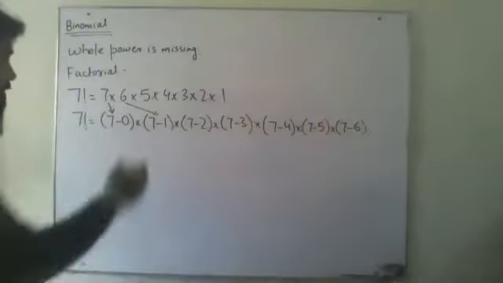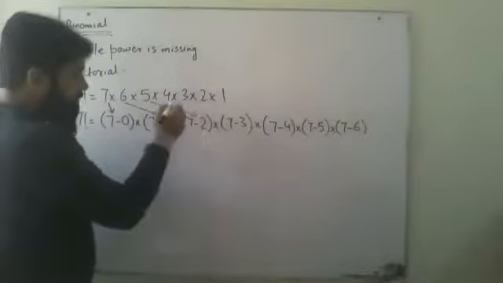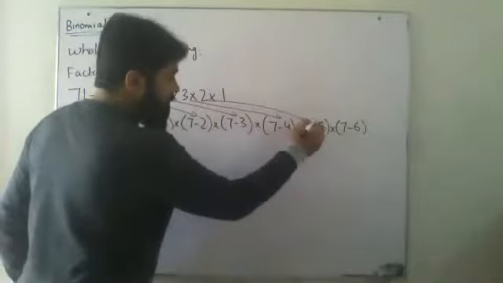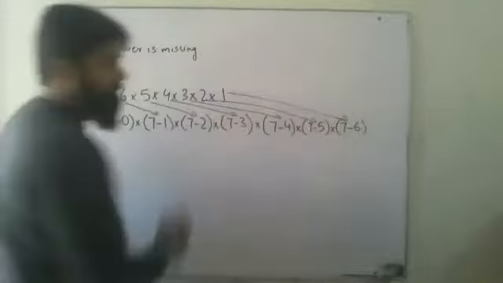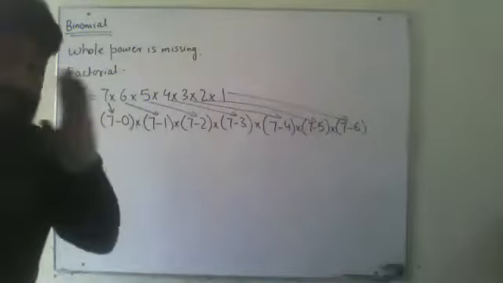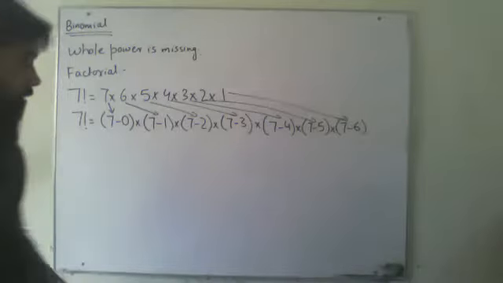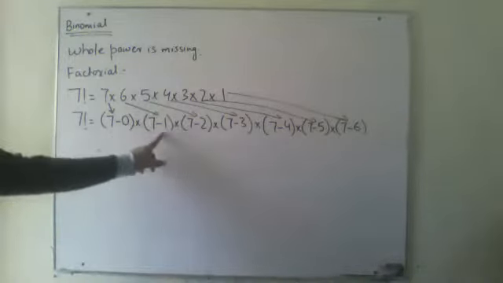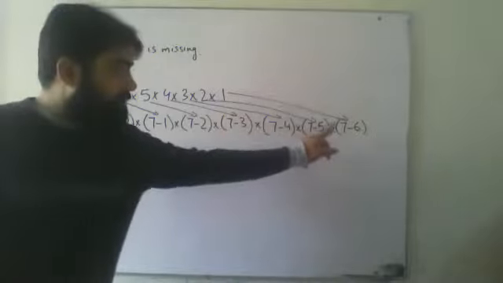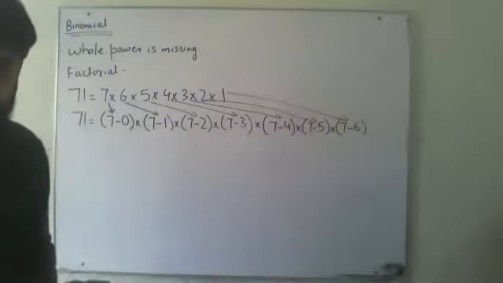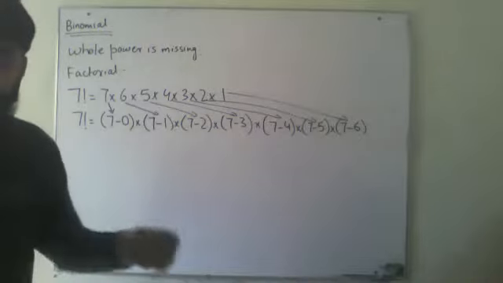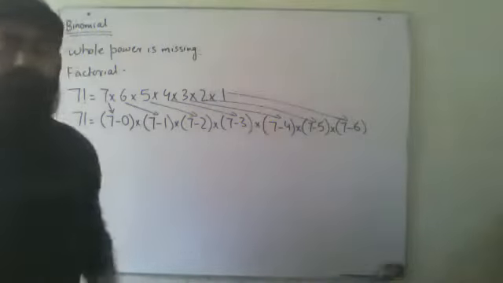Basically, this can also be written like this. See, can I write it like this? Either you can write it directly, but you have to keep the concept. What is going on over here? 7 minus 0, 7 minus 1, 7 minus 2, 7 minus 3, 7 minus 4, 7 minus 5, 7 minus 6. That is how we are going to work with factorial.